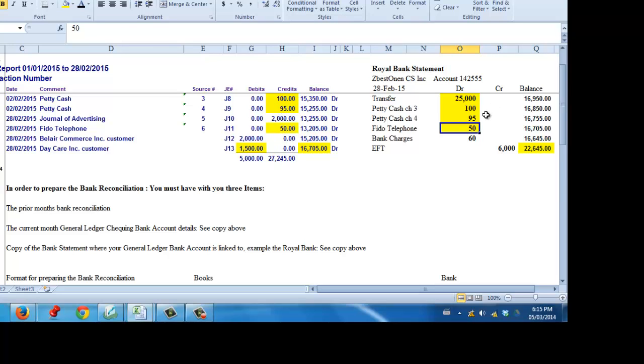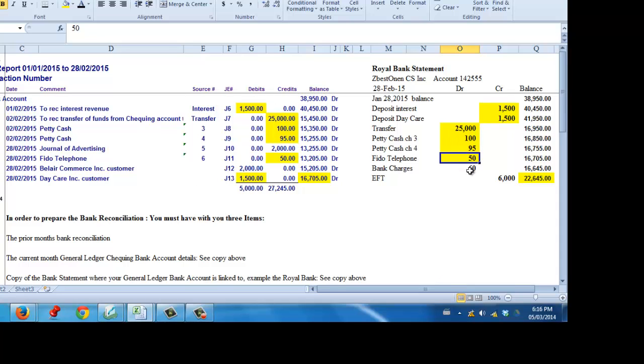Now let me go to the bank statement. The $60 was not taken care of. So this $60, does it appear anywhere here as a deduction? No, because the bank deducted $60 for service charges, and per books we have not accounted for it.